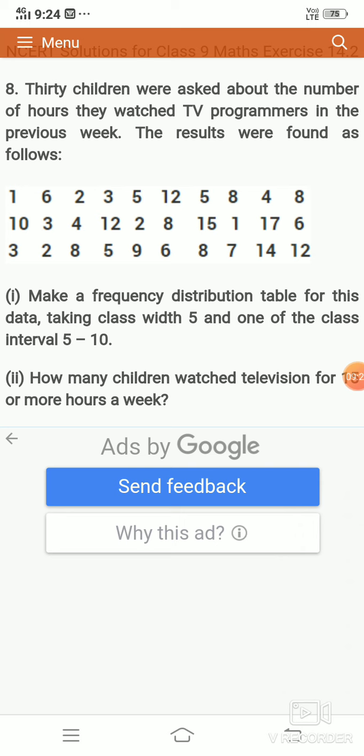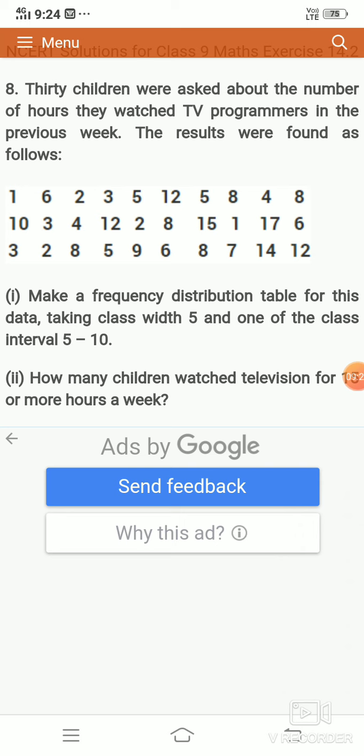Next, where does it stop: 0 to 5, 5 to 10, 10 to 15, up to 100 or what? You decide this using the maximum number. Here the maximum number is 17, so 17 occurs in 15 to 20.